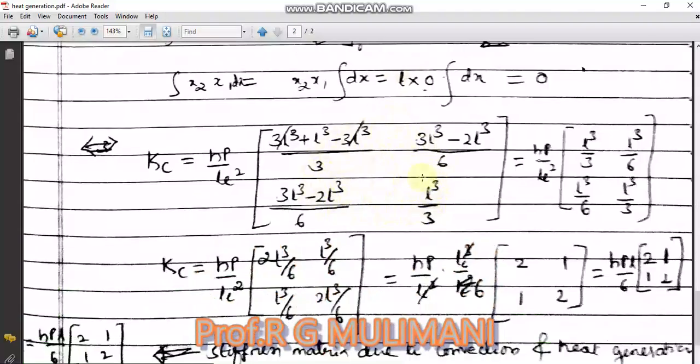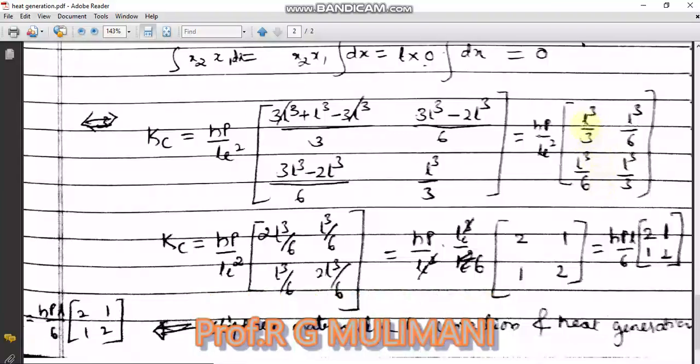So we have these four terms. Let us make the same LCM. Take the LCM as 6 and bring it outside, so it is HP by L square times 1/6.